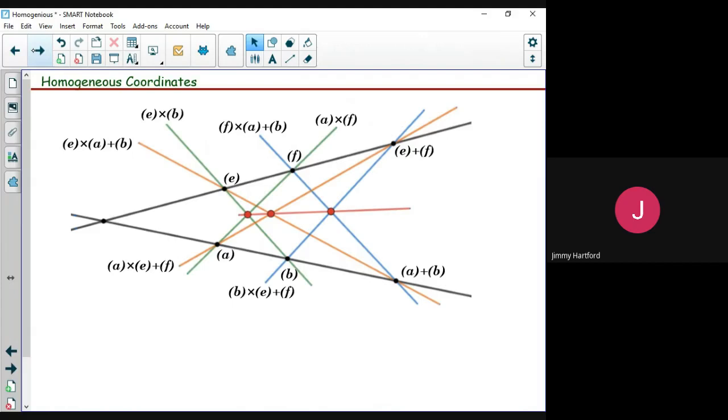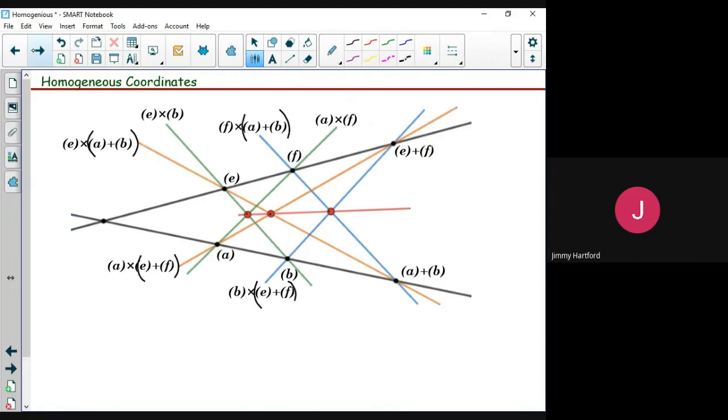Now, I guess these need to be in parentheses. Let's try adding them and then crossing them. If we want to find these 3 points, then we need to find the incidence of this green side and this green side. Those will be the opposite sides.